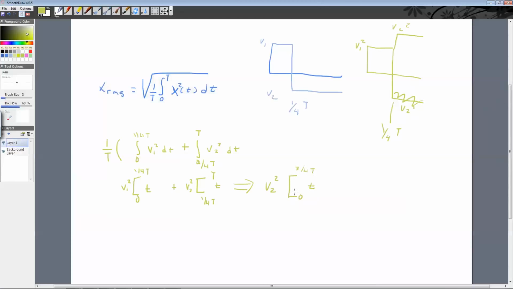Sometimes that's helpful, sometimes it's not. But once you find these two numbers, you scale everything by the whole period, and then take the square root.